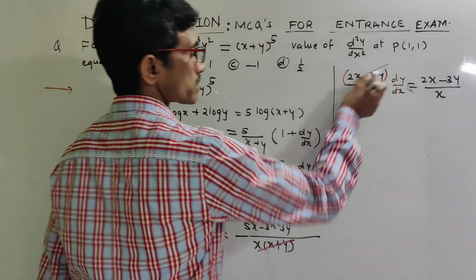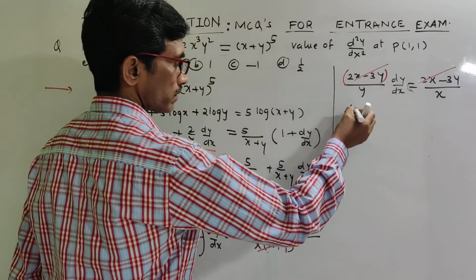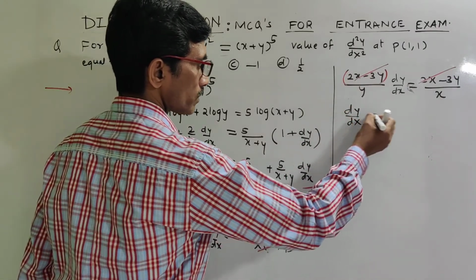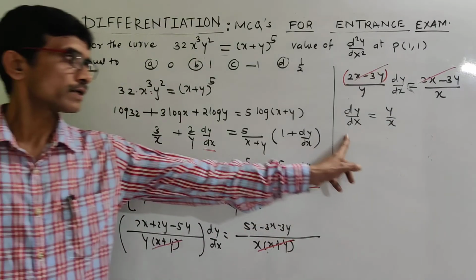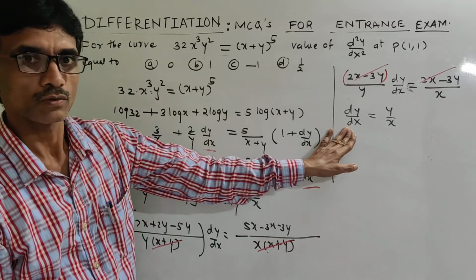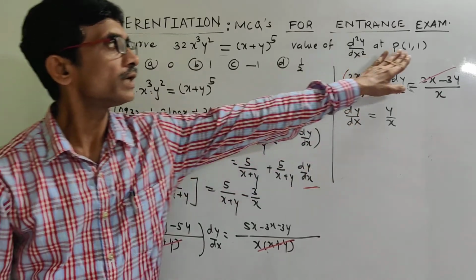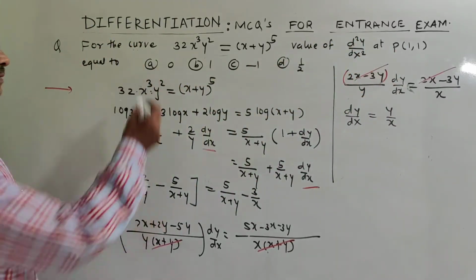Again this 2x minus 3y is getting cancelled and we will be getting here dy by dx is equal to y upon x, and wherever dy by dx is y upon x, second order derivative always comes to 0 at any point. Second order derivative will be 0, so our option must be equal to 0.